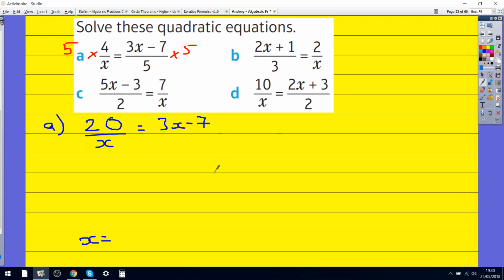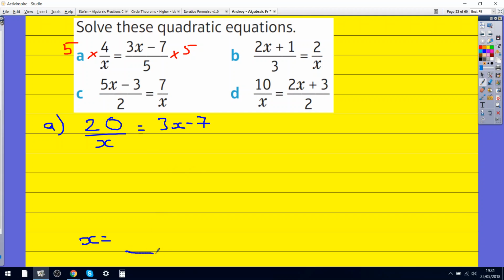What's next? After that you would take the minus 7 and put it to the other side, so it's 20 over x plus 7 equals 3x. Well, before you do that, I would get rid of the next fraction as well, so there's no fractions anymore.